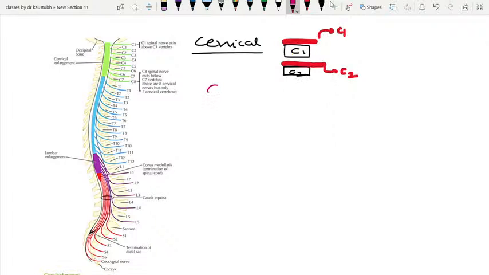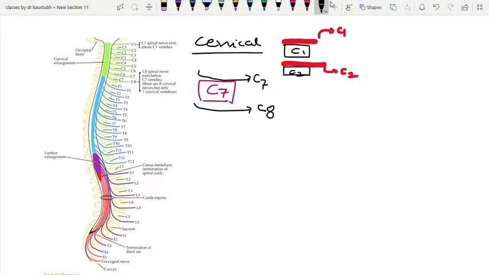When it goes to the C7 vertebra, we know that even though there are 7 vertebrae, there are 8 cervical spinal nerves. So here at C7, you can see C7 exiting above and C8 exiting below the 7th cervical vertebra.